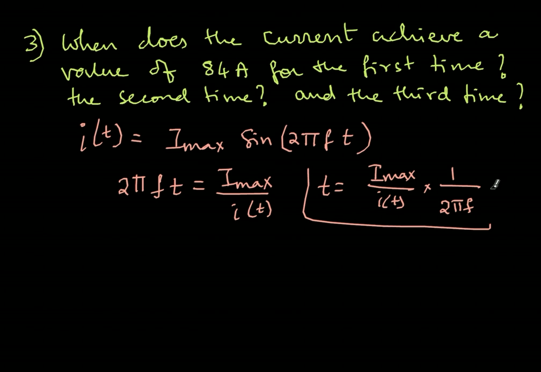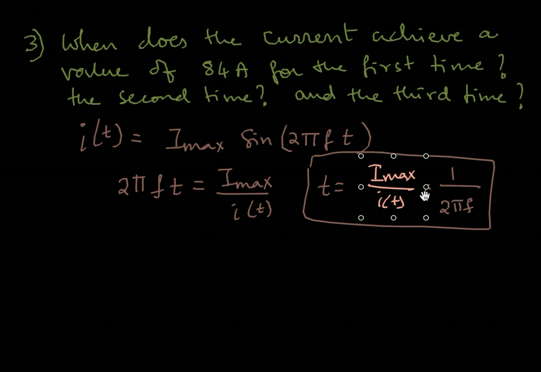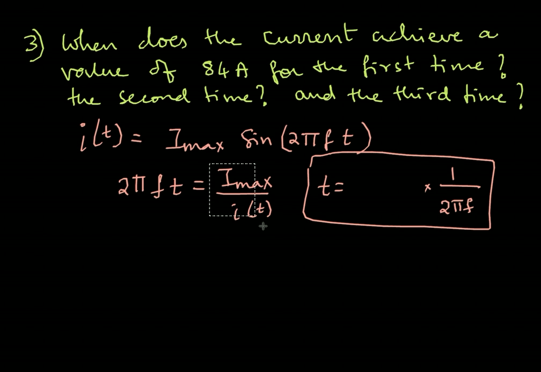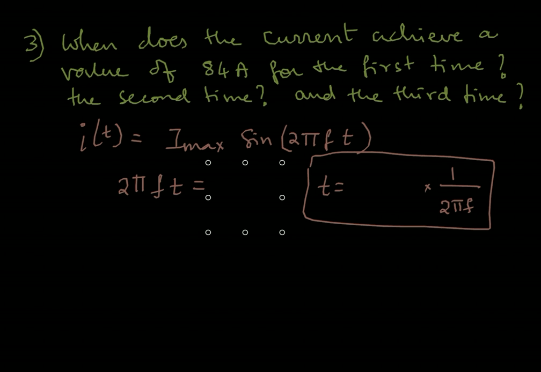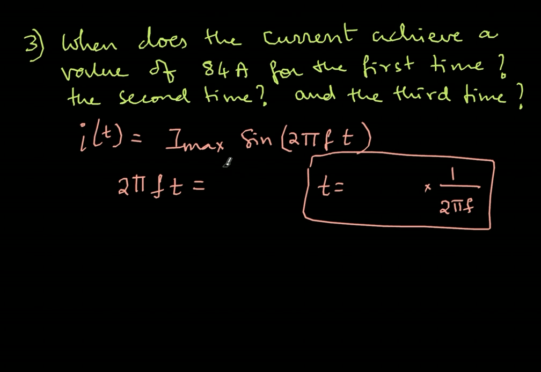So using this formula, I can substitute the value of I of t divided by I max, and this also is I of t divided by I max.